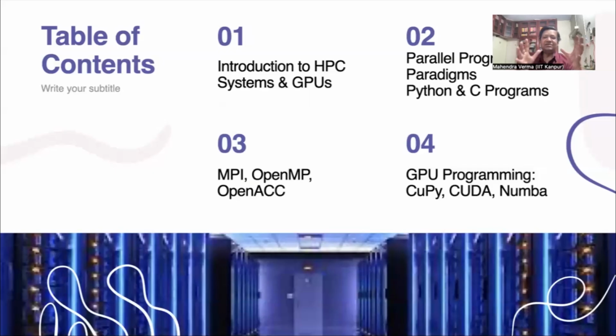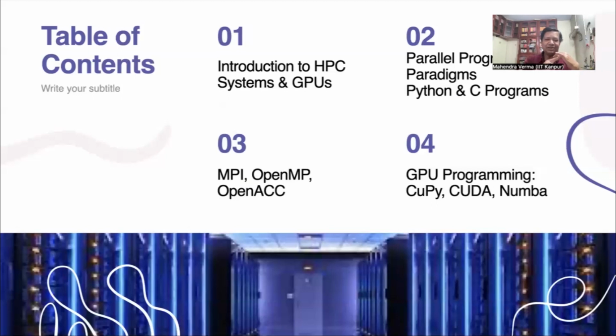Then we will cover traditional parallel programming tools. That includes MPI, called message passing interface. So here, lots of processors, and then how to run one program on all the processors by dividing the work equally. There are some paradigms, some tricks which we'll learn.